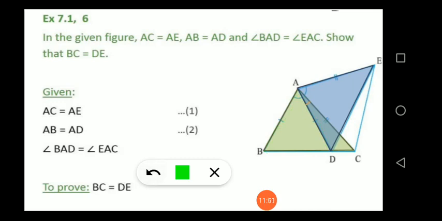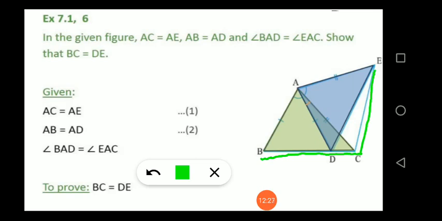Then we are given that angle BAD is equal to angle EAC. And we have to prove that this side BC is equal to DE.